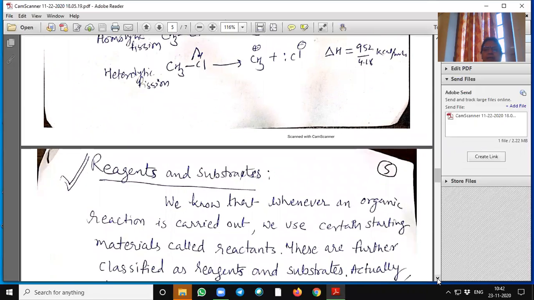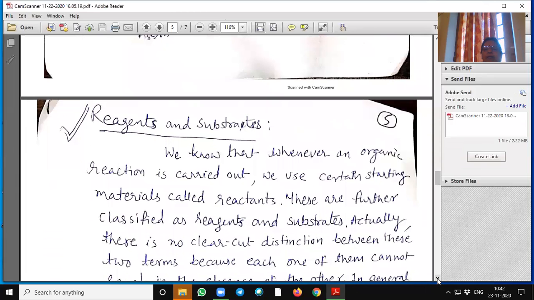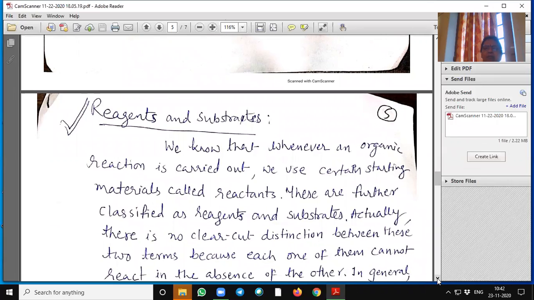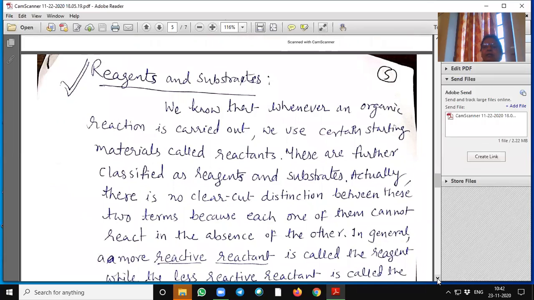Reagents and substrates. We know that whenever an organic reaction is carried out, we use certain starting materials called reactants. These are further classified as reagents and substrates.